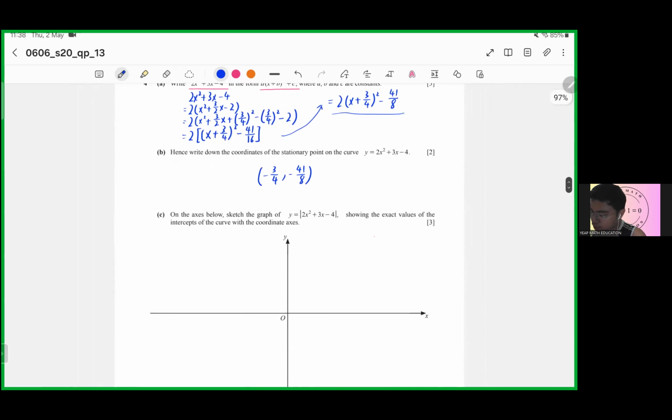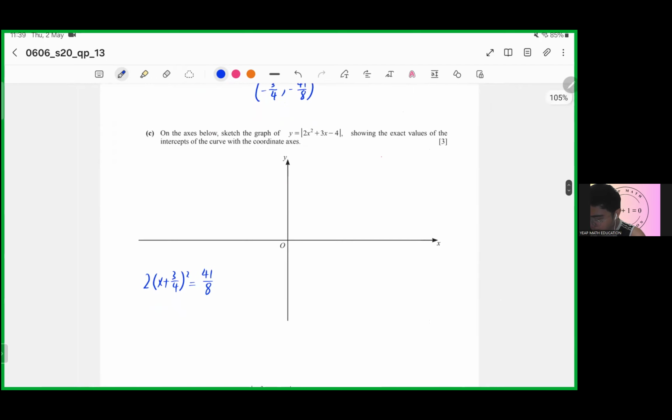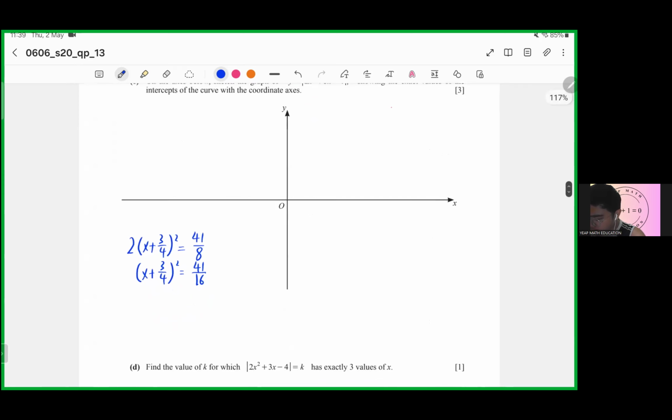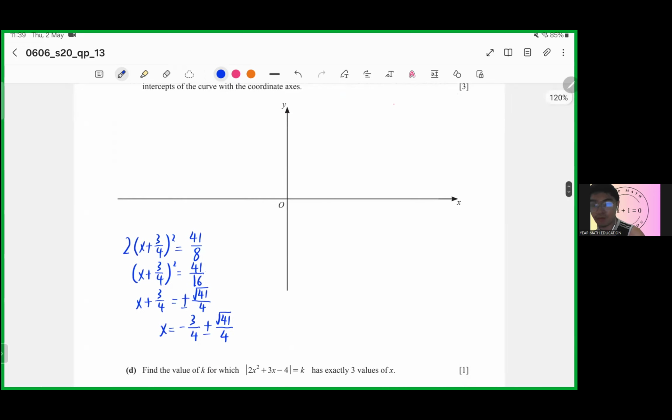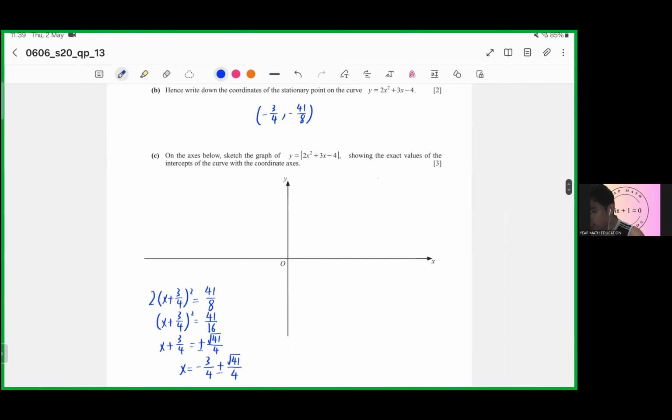I take this form. So this is our x-intercept form. And then one more is at negative 4.